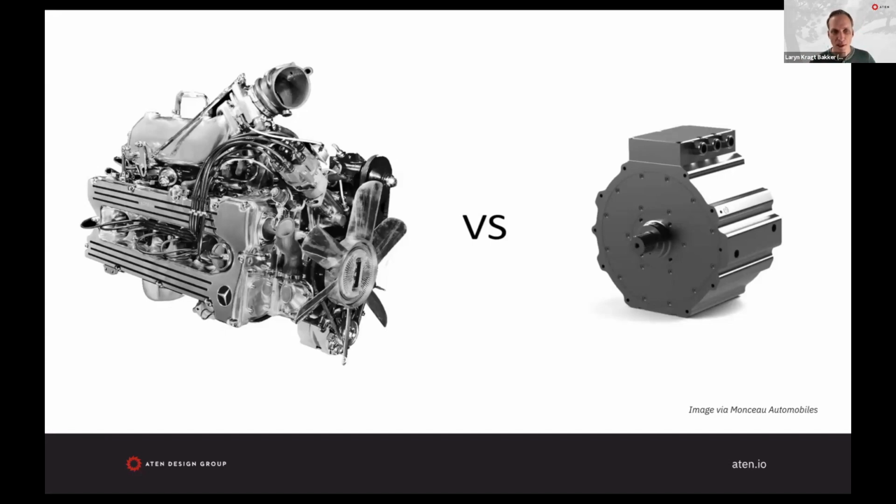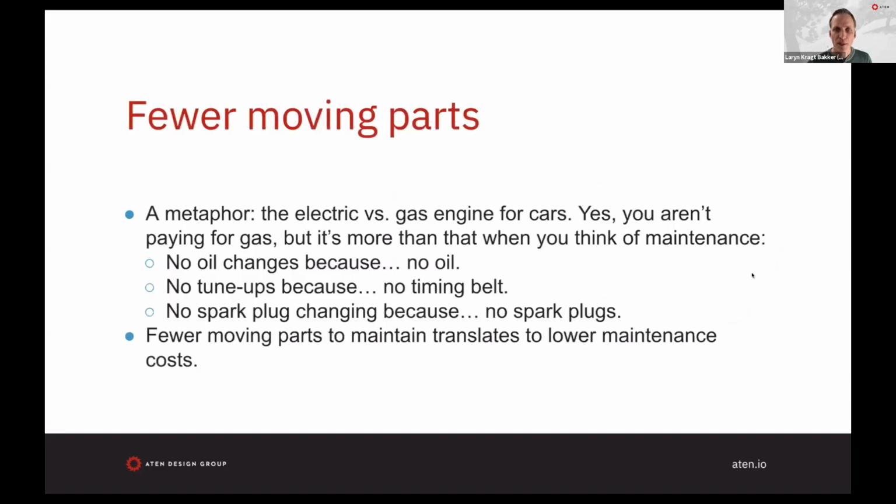And obviously up front, yes, you're not paying for gas, but it's more than that when you think about ongoing maintenance costs, because there's no oil changes with the electric vehicle because there's no oil. There's no tune-ups because there's no timing belt. There's no spark plug replacement because there's no spark plugs. And this is the type of benefit that you get when you have a system with fewer moving parts in terms of ongoing maintenance costs.